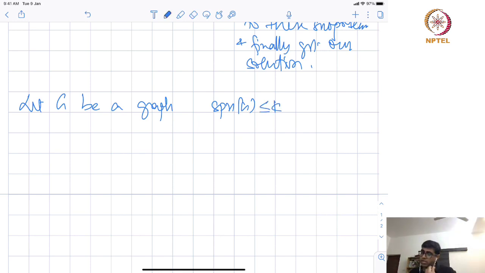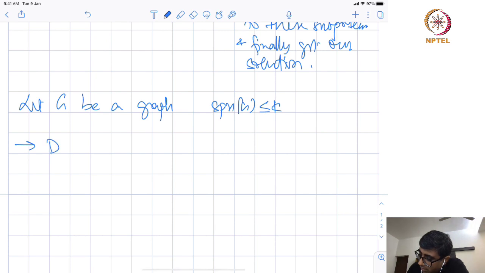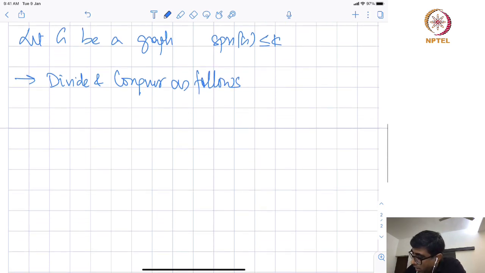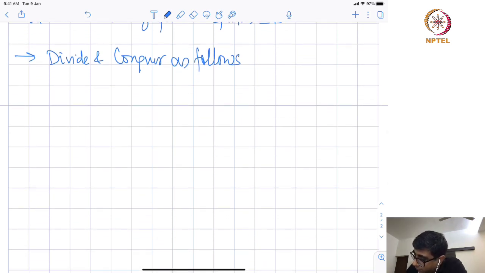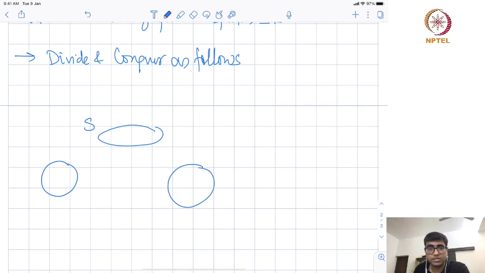Notice the way we use this structure for computing max independent set while doing divide and conquer is as follows. We found a separator S, and then we partitioned the rest into two components, each of size at most 2n over 3.